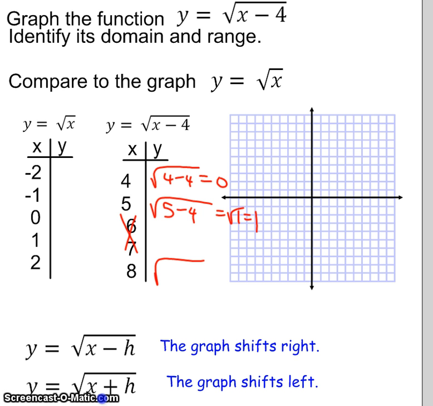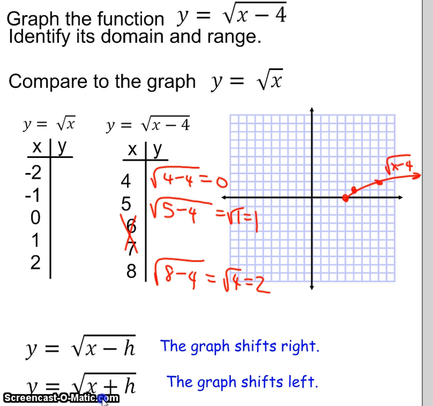So I would square root 8 minus 4, which is going to be the square root of 4, which is 2. So if I graph these 3 ordered pairs, (4, 0), (5, 1), and then (8, 2), I get a square root graph, and let's compare that to its parent function.